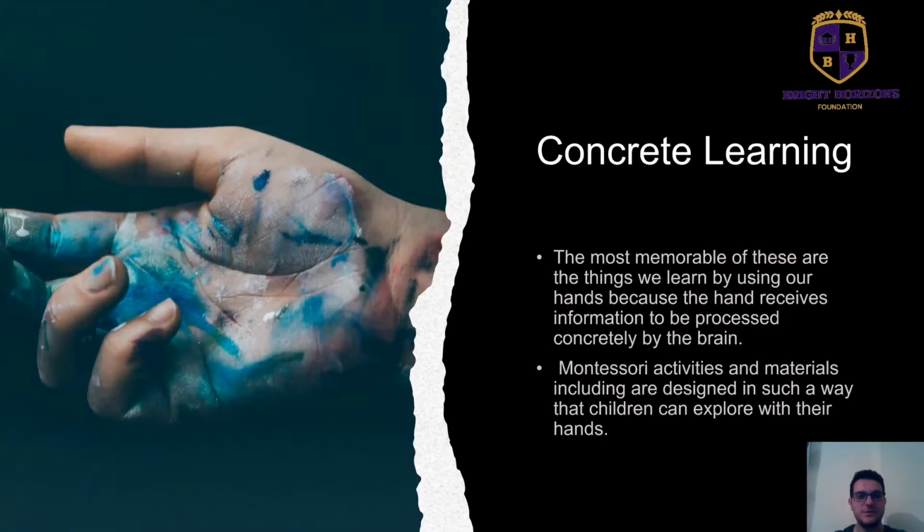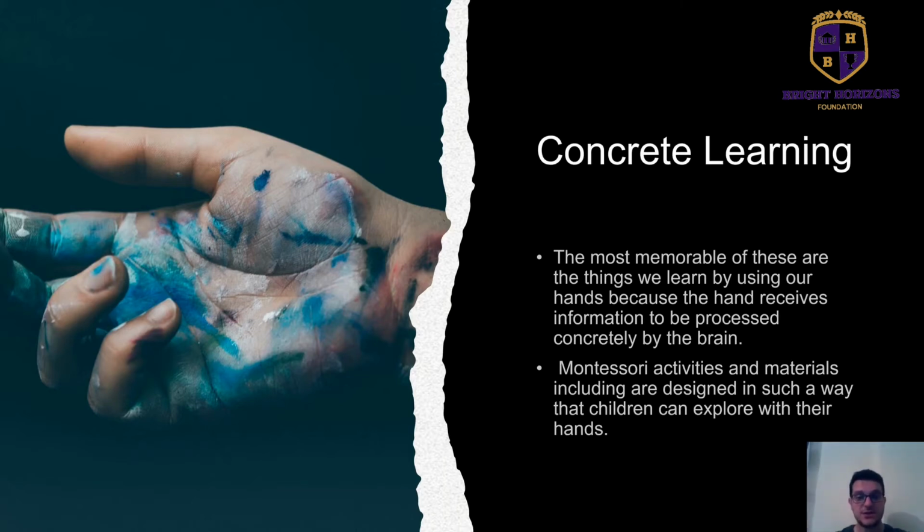Another important principle of Montessori is concrete learning. This is a property processed in the brain and, more importantly, shaped by our activities. The most memorable of these activities are the things we learn by using our hands, because the hand receives the information to be processed concretely by the brain.